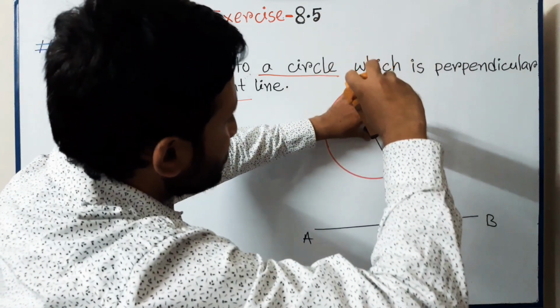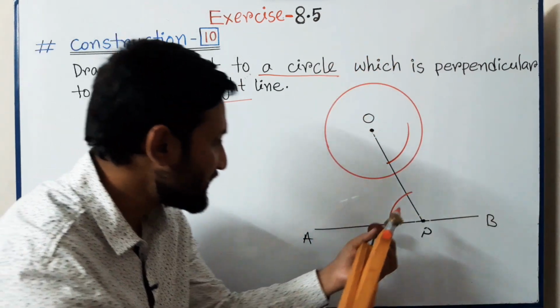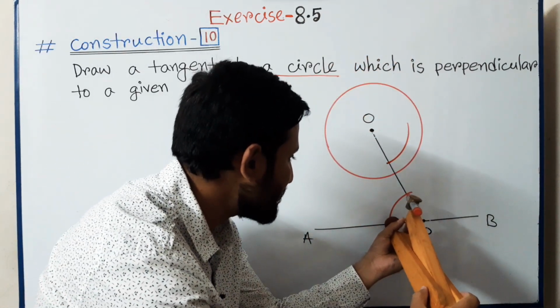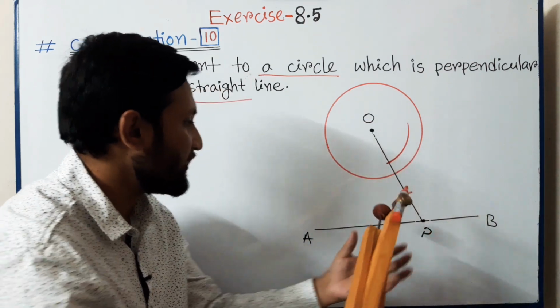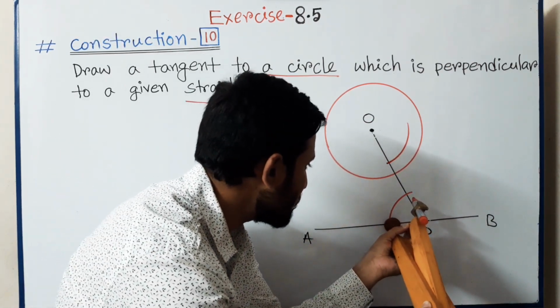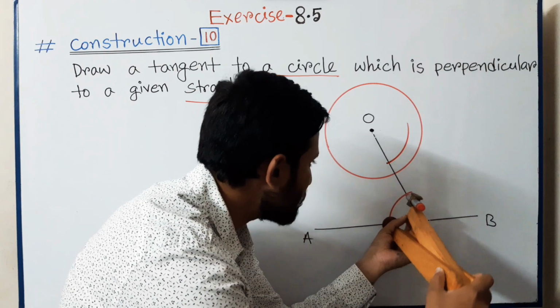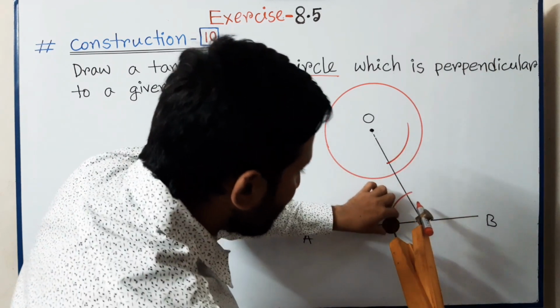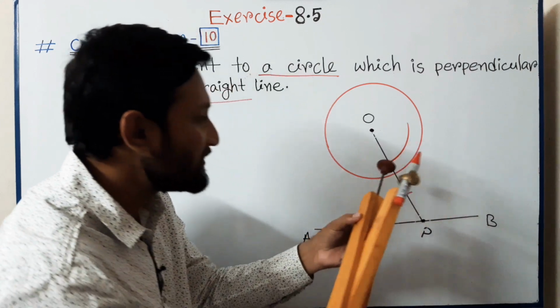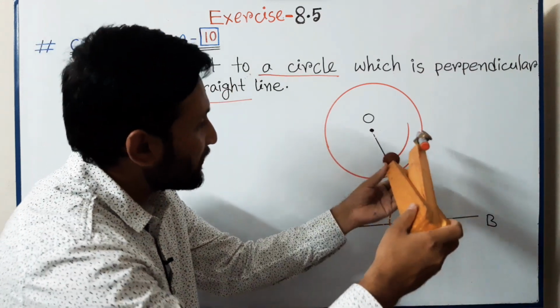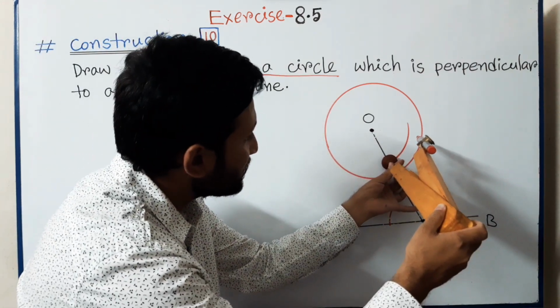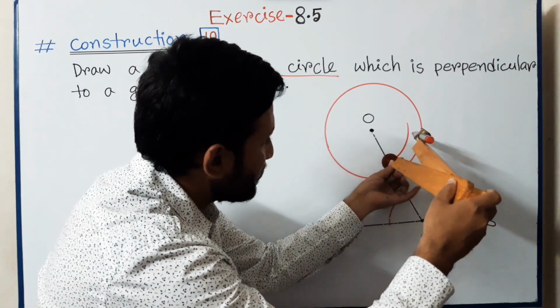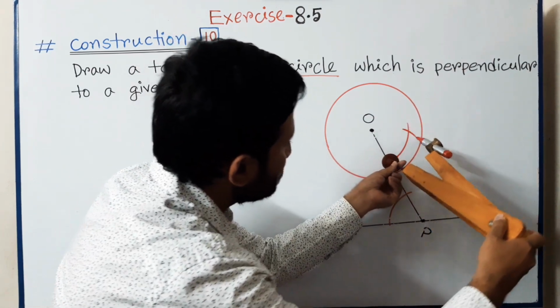Now take the arc distance of angle OPA, and then according to this arc distance, cut on this arc, like that.